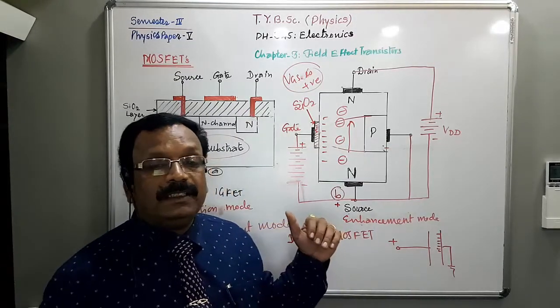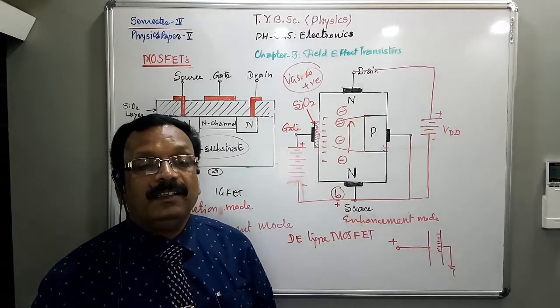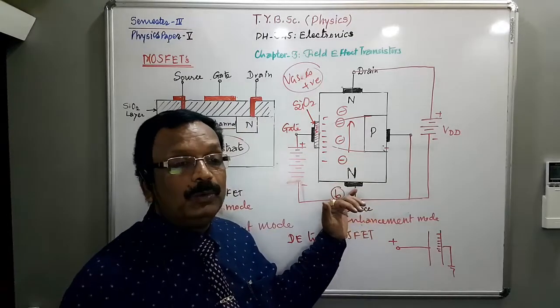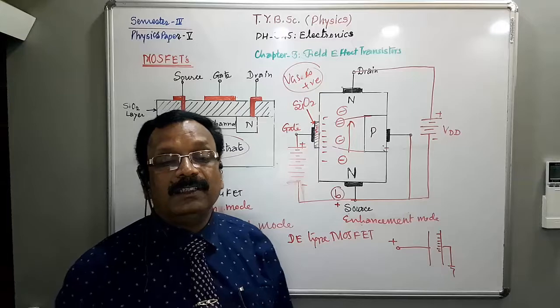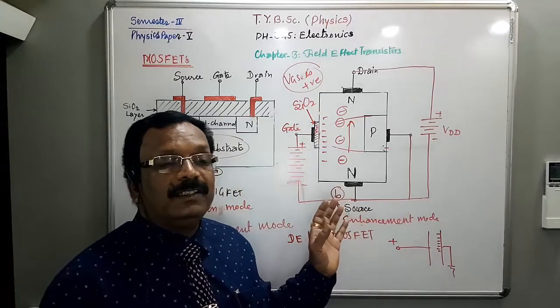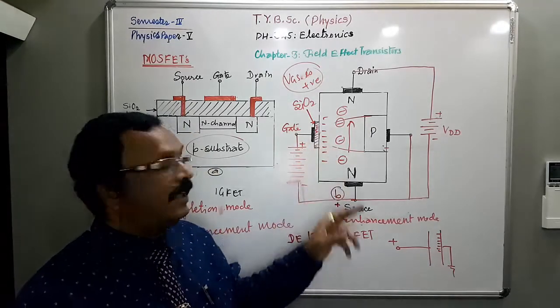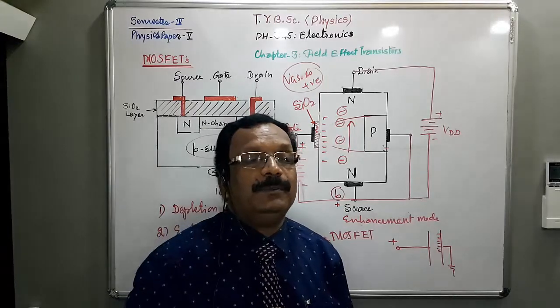As a result, this enhances the conductivity of the N channel, and thus it increases the drain current flowing through the N-type channel as the gate-source voltage is made more positive. Because of this, the positive gate operation is called enhancement mode. Okay, you got it? It is very simple.